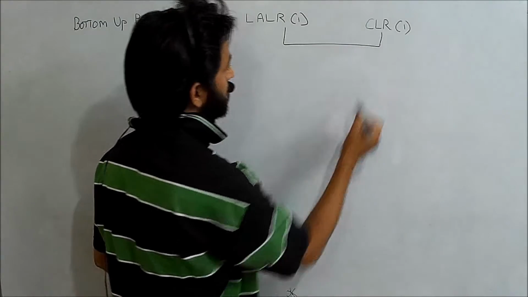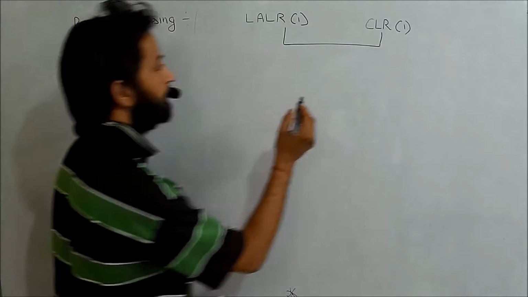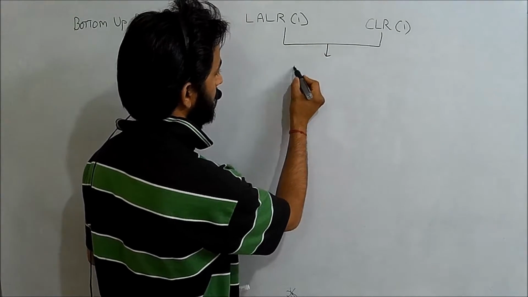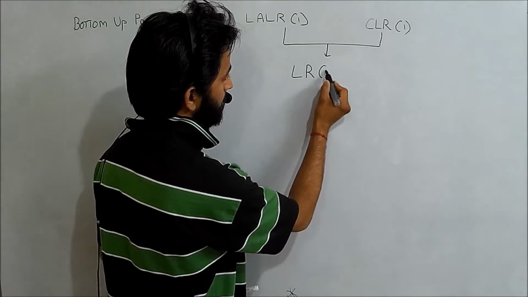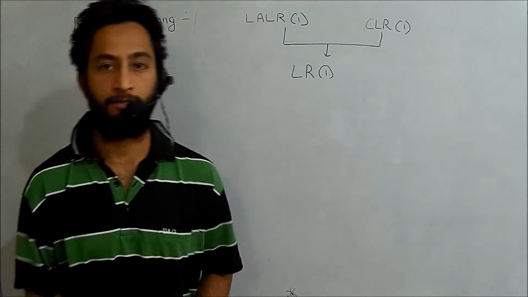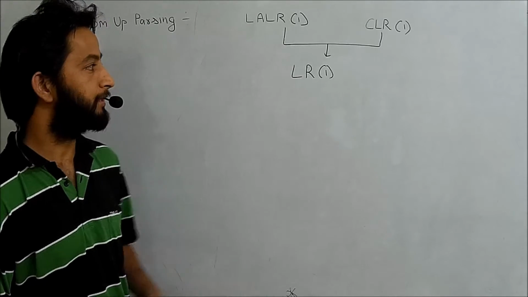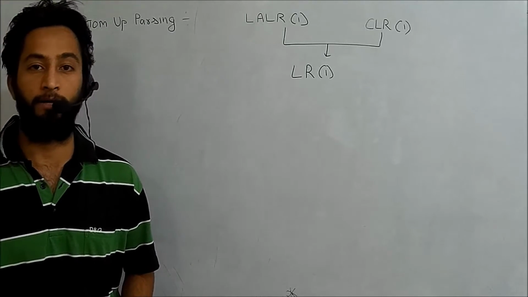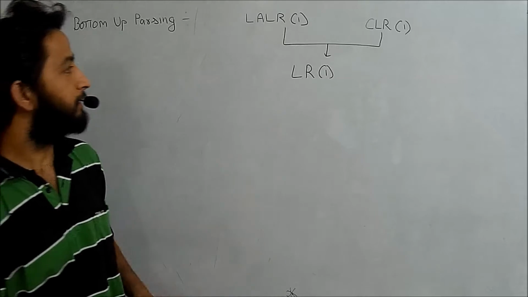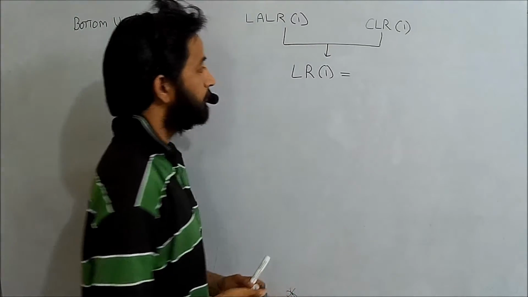For LALR(1) and CLR(1) we need the canonical collection of LR(1) items. In the previous LR(0) and SLR(1) parsers, we needed the canonical collection of LR(0) items, but in this case we need the canonical collection of LR(1) items. So what is that?